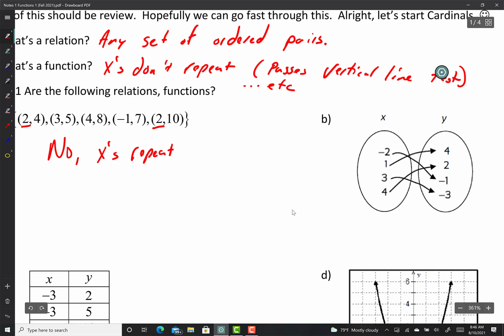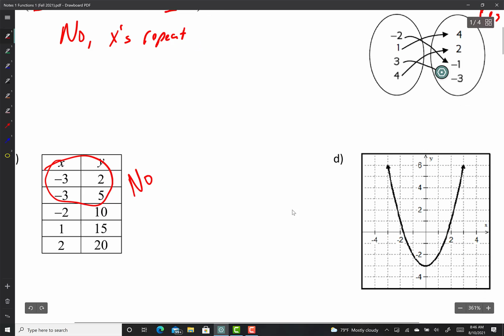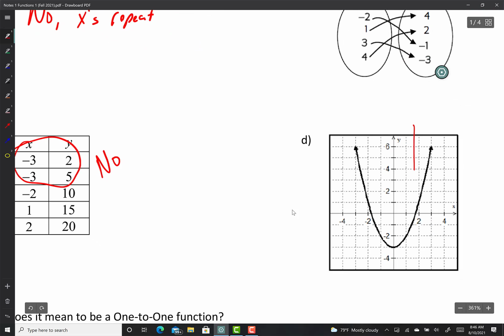Letter B. Yeah, every x has a y. And it's okay if one of those y's has two x's going toward it. Letter C. No. See, x's repeat. Letter D. Yeah, that looks like a parabola.